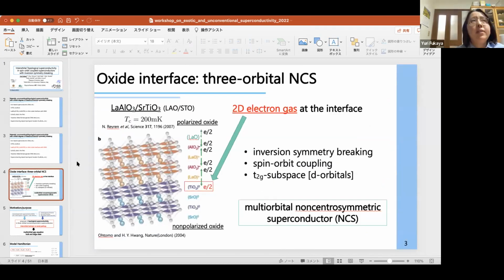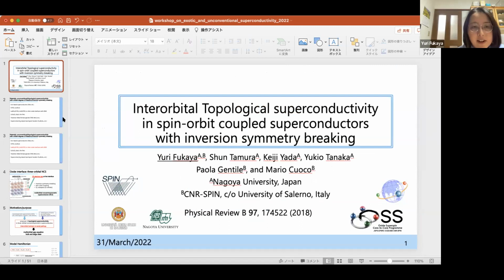We can also consider the interorbital d-wave pairing, but in this study we just focused on the simplest case. This is the s-wave case.